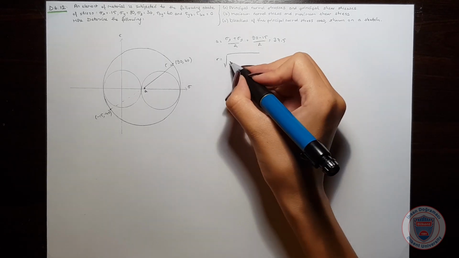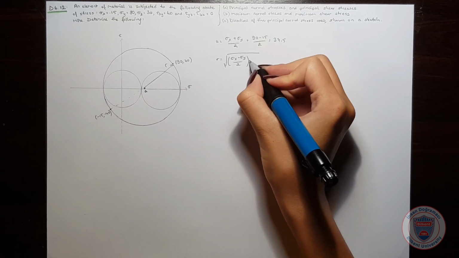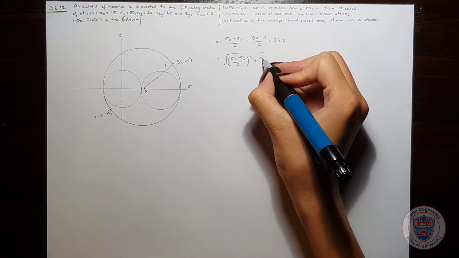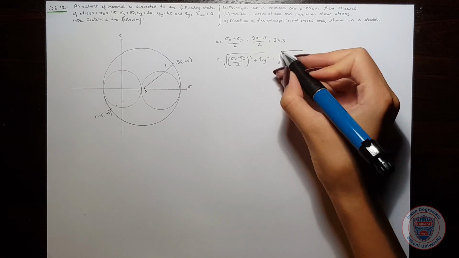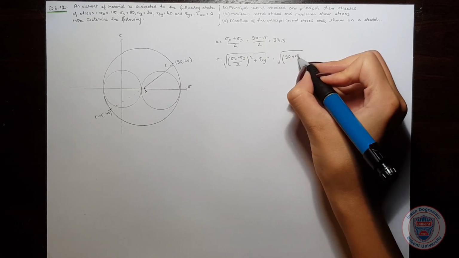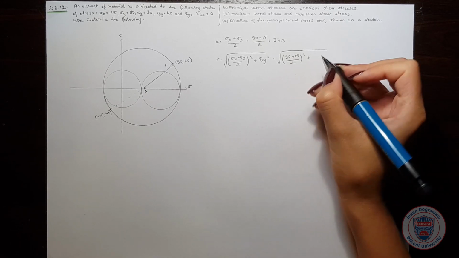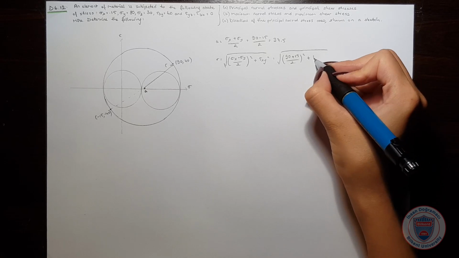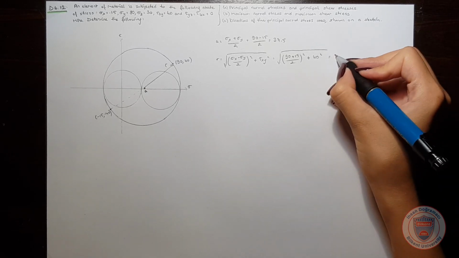Radius will be equal to the square root of sigma x minus sigma y over 2 squared plus tau xy squared. So it will be 90 plus 15 over 2 squared plus 40 squared, and R will be equal to 66.